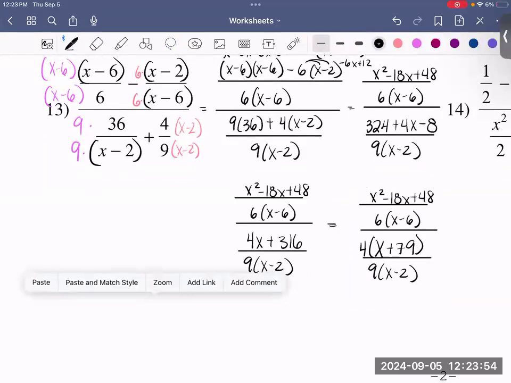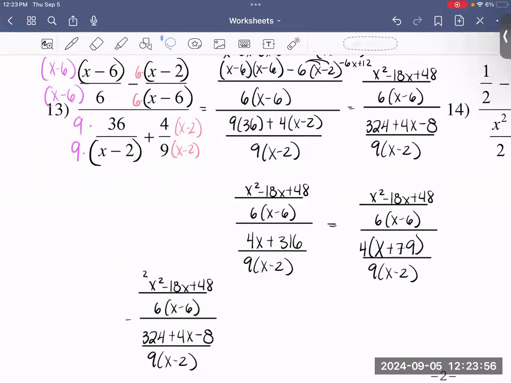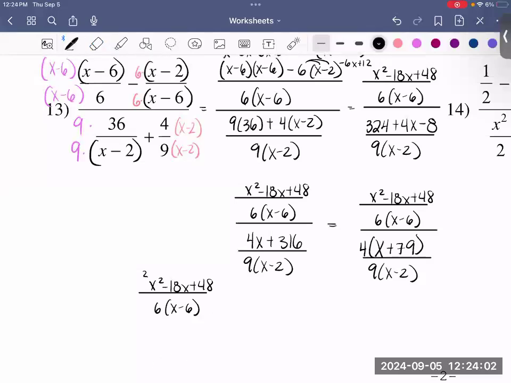So last thing to do is that keep, change, flip. Which means the 9 and the 6, they both leave behind that 2 and that 3.